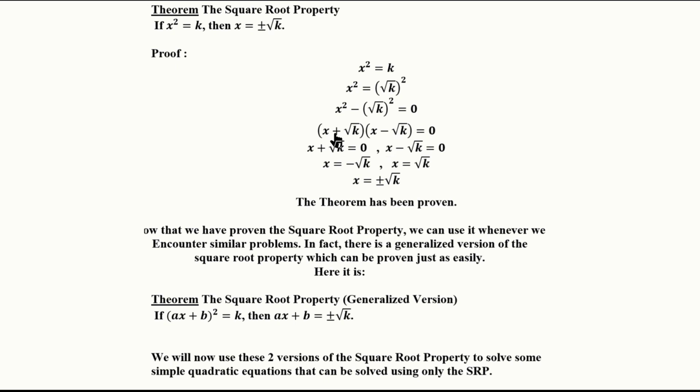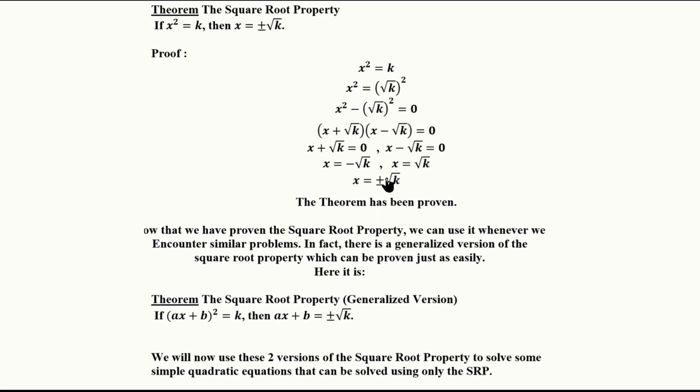Now we apply the zero factor property to these two factors. We end up with x plus square root of k equals 0, or x minus square root of k equals 0. Of course, solving this will give us x equals negative square root of k. Solving this equation will give us x equals square root of k. We usually write this in the compact form of x equals plus or minus square root of k. And now we have established the theorem.